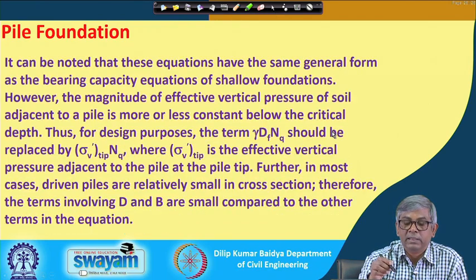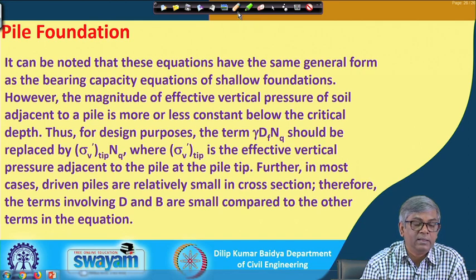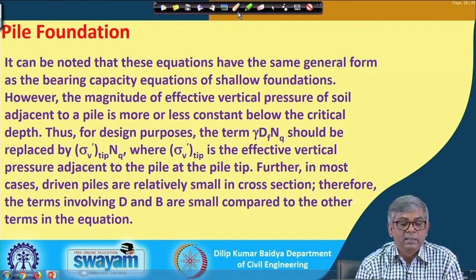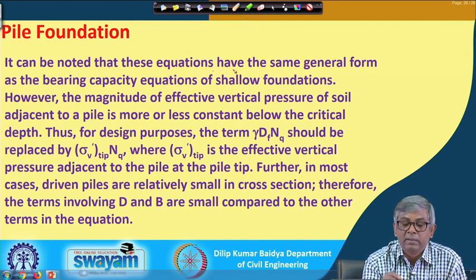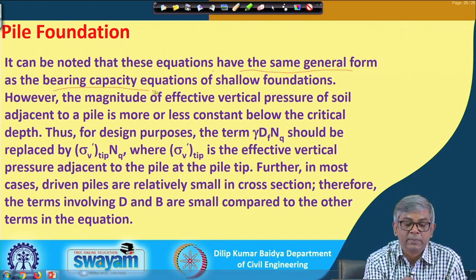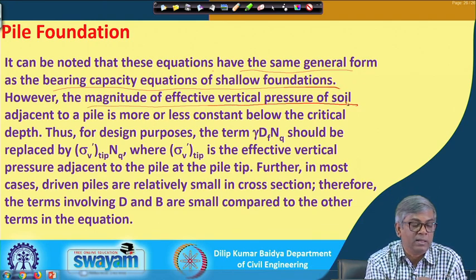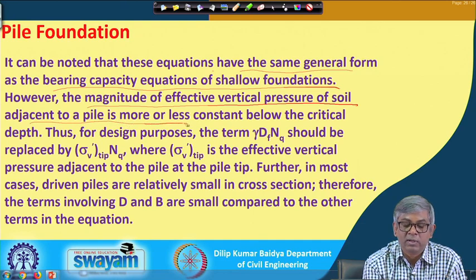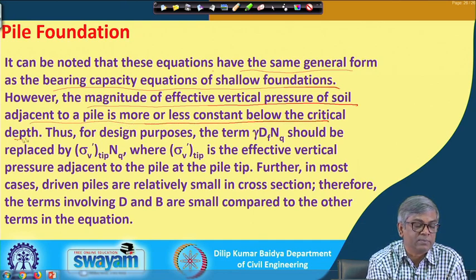Now, you can see some discussion I have made here. It can be noted that the equation has the same general form as the bearing capacity equation of shallow foundation, as I have already mentioned. The magnitude of effective vertical pressure of soil adjacent to the pile is more or less constant below the critical depth, is it not?